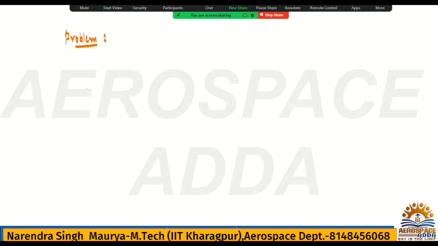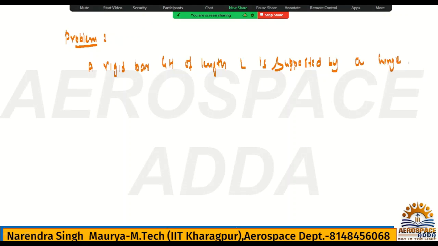Problem 1. Okay. The question is: a rigid bar GH of length L is supported by a hinge and a spring of stiffness K as shown in figure below.